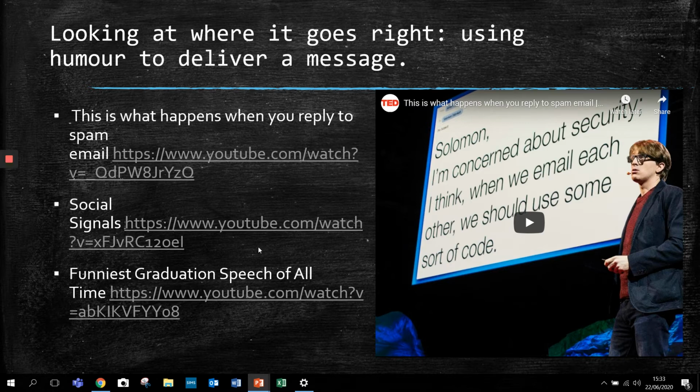And he basically turns wasting time around on the other person. And this leads to some quite hilarious consequences. But ultimately what he's doing is he's talking about the abuse of mass marketing and mass emailing. So it's very interesting to go through it.